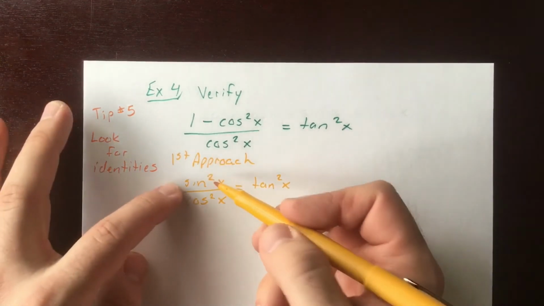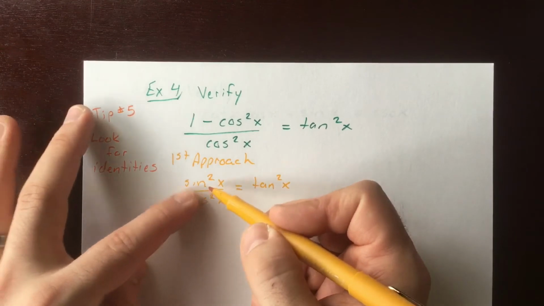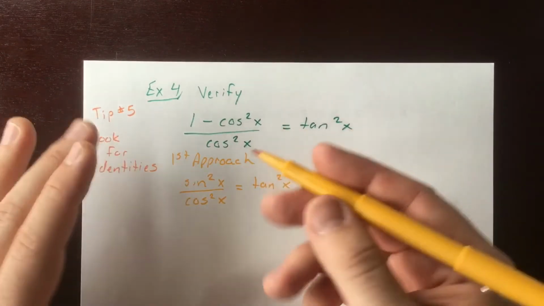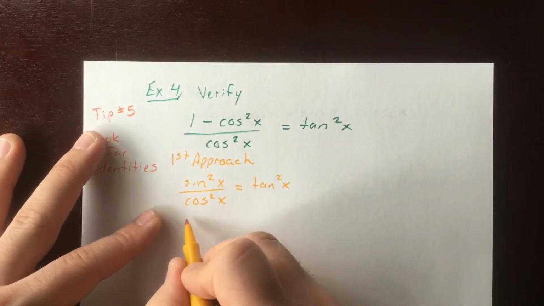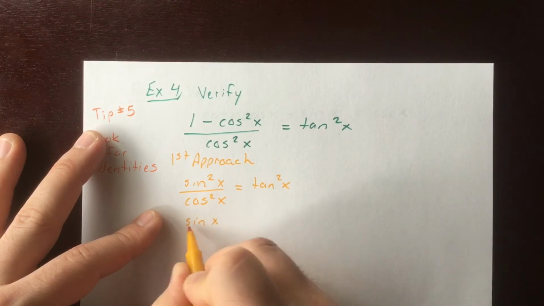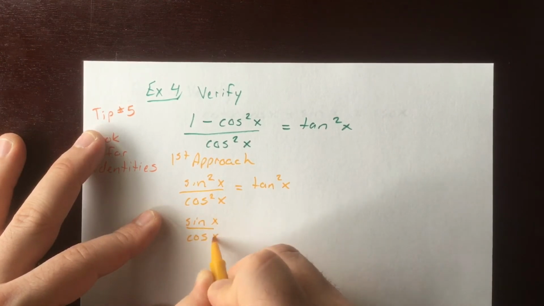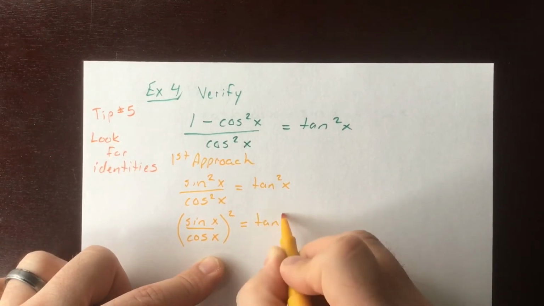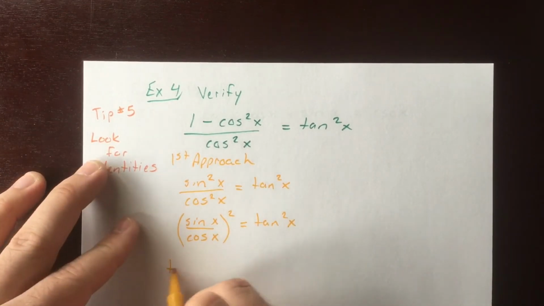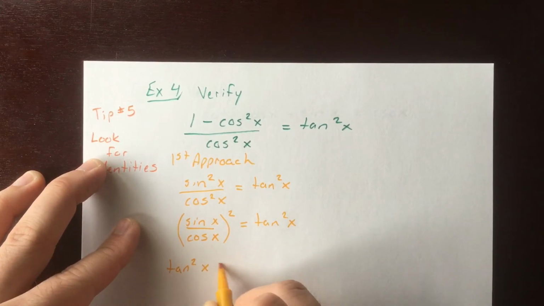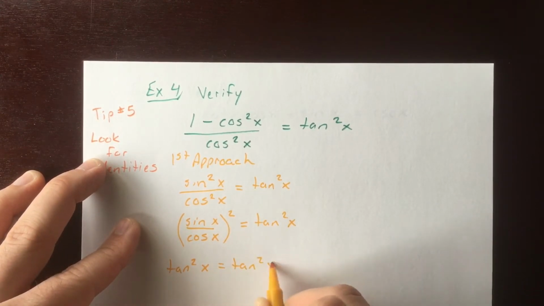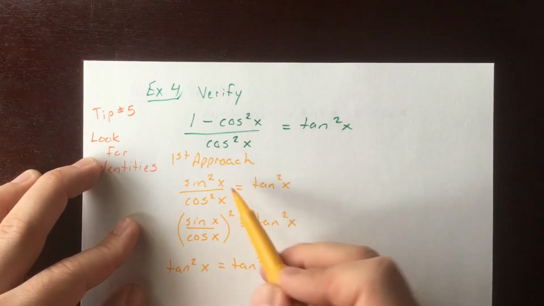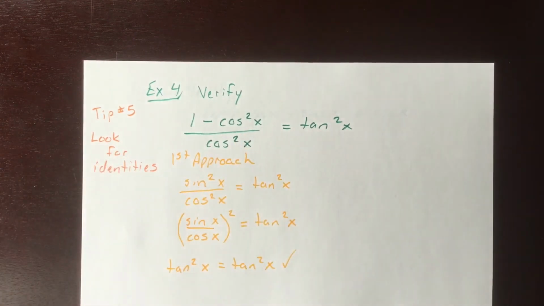So this is sine of x squared over cosine of x squared, which I'll just, for the fun, write as the entire fraction squared, which is tangent squared of x equals tangent squared of x. So using a Pythagorean identity, we verified it.